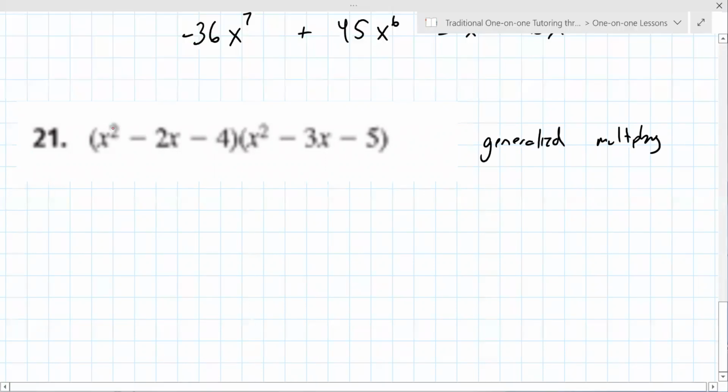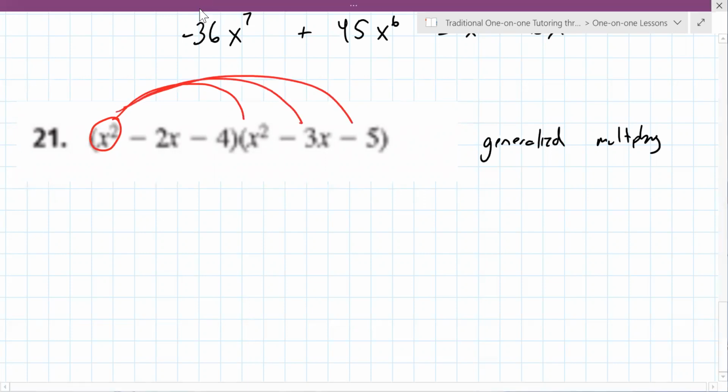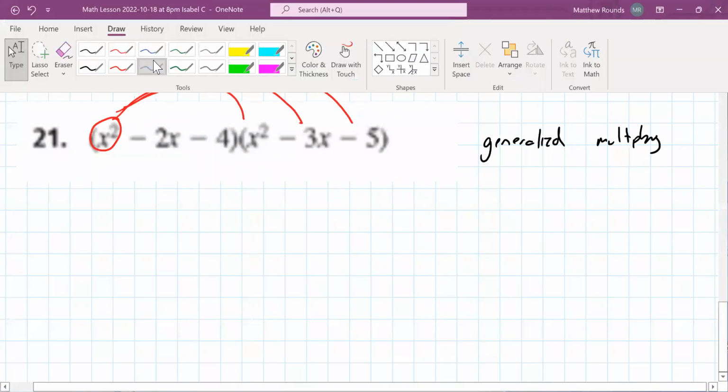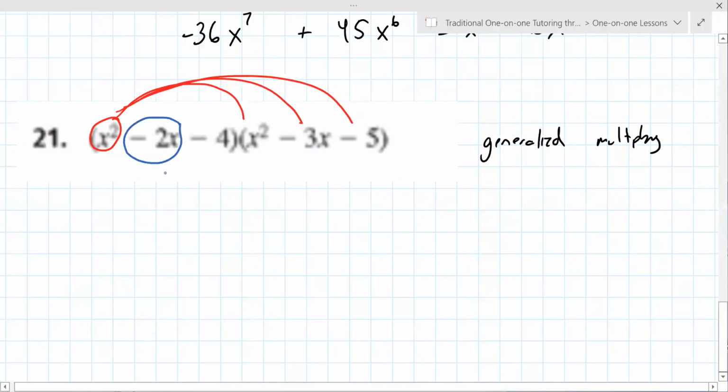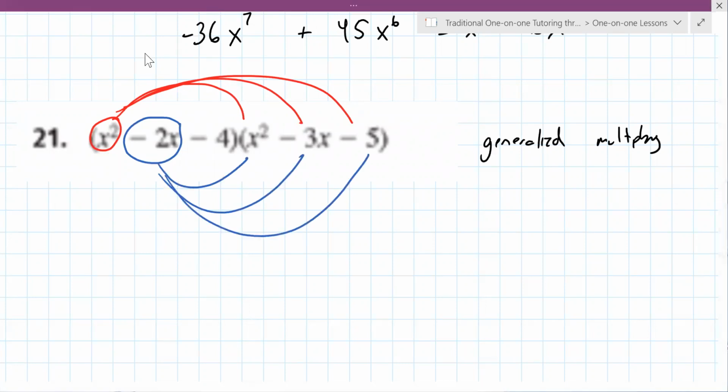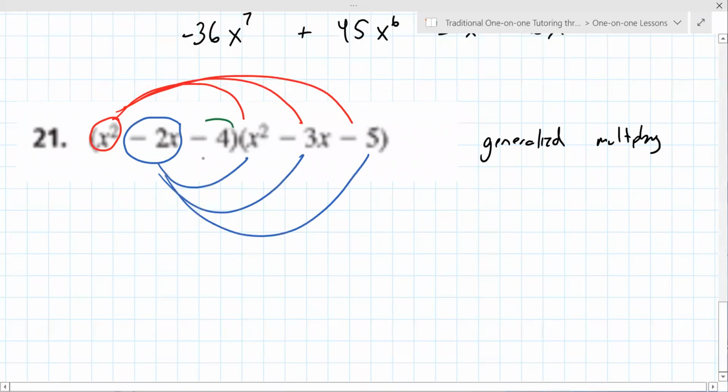I'll start with red for x squared, and you multiply it by everything on the right. Then you take that middle term, and I always grab it with the operator, and you multiply everything there. And then you grab that last one and you multiply it by everything.